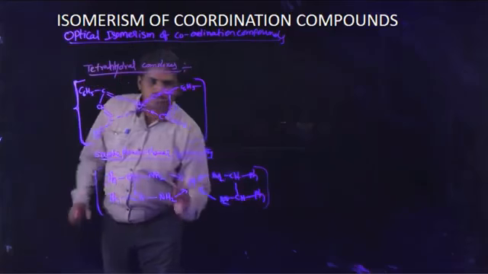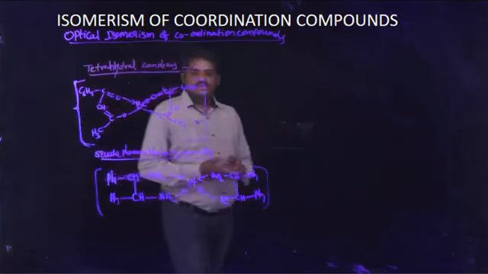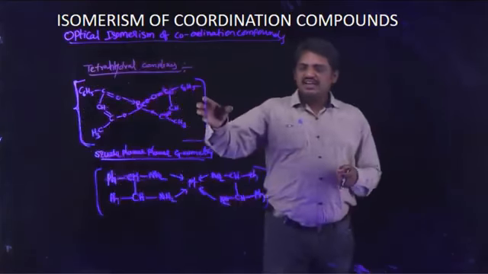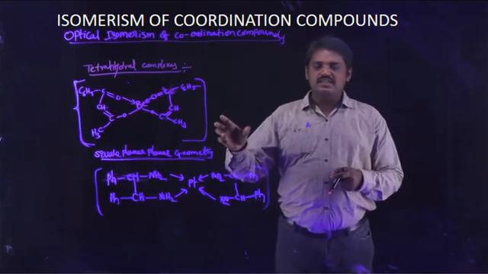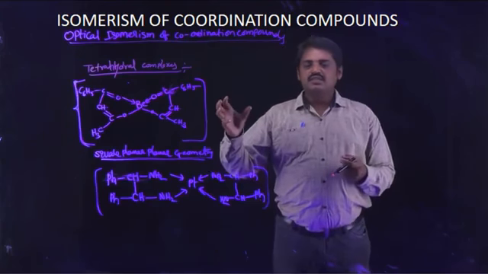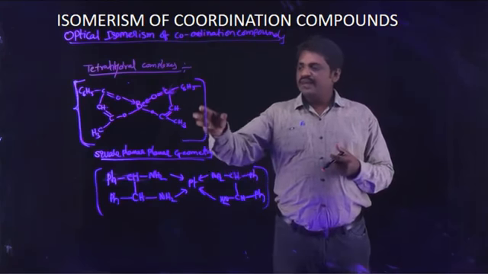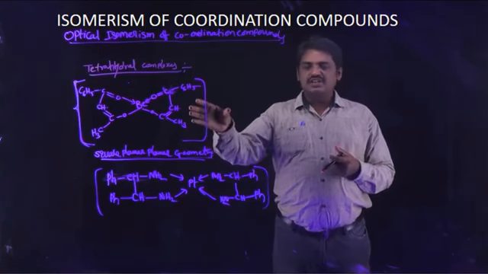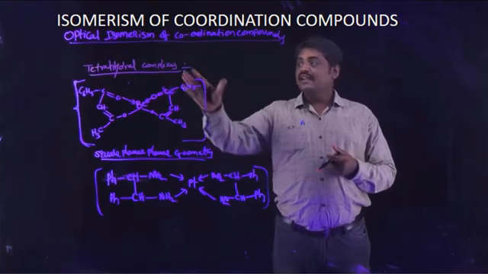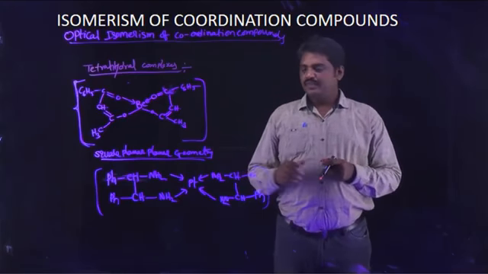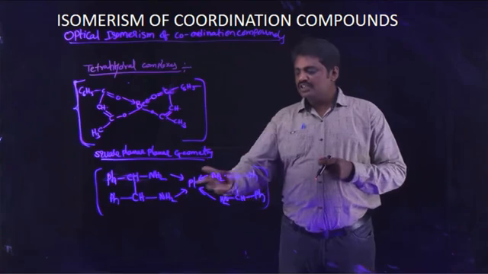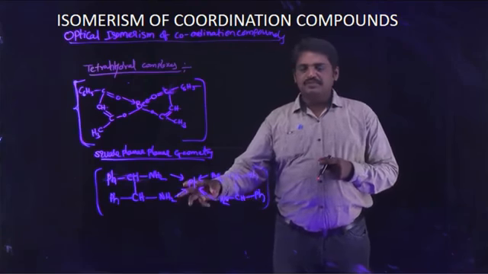So two structures are observed. This structure contains 4 donor sites, meaning 4 monodentate ligands are there, but it shows tetrahedral geometry. In case 2, this structure is clearly observed.